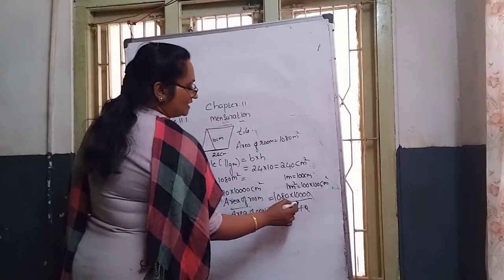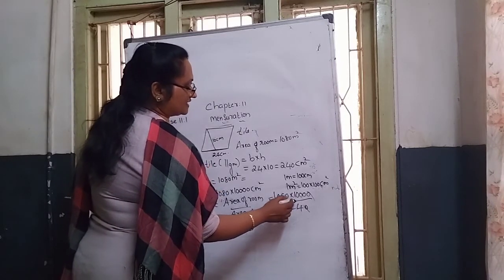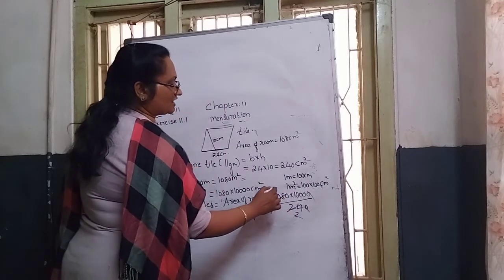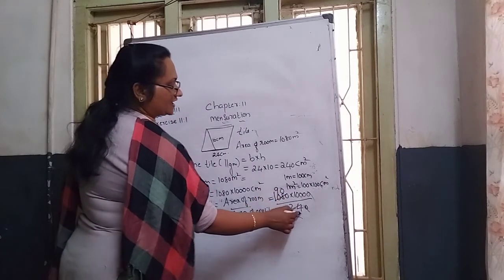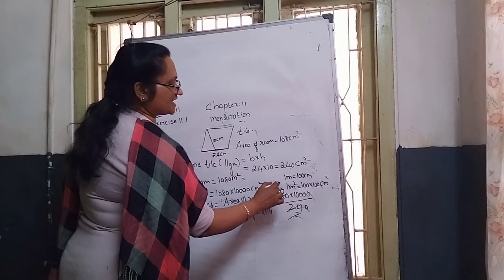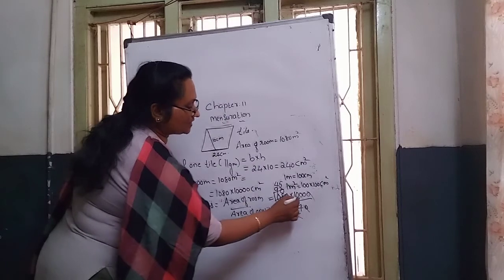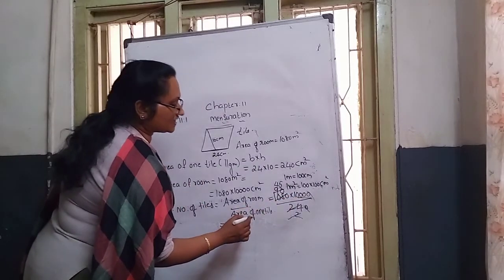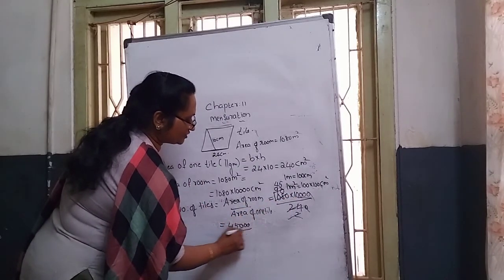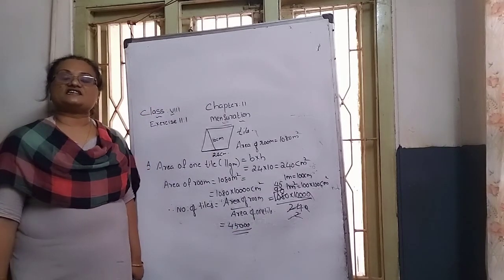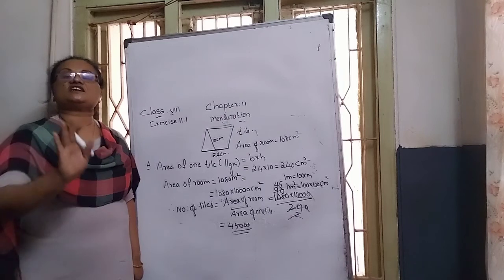Then again, 12 table: 24 is 2 times 12, 108 is 9 times 12. Again 2 and 90 cancel, giving 45. 45 into 1 becomes 45. But 3 zeros are there, so we keep 3. So the answer is 4,500 tiles required for fitting the room.